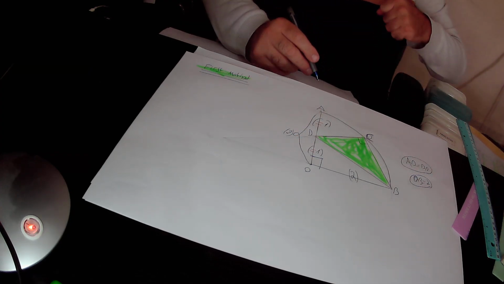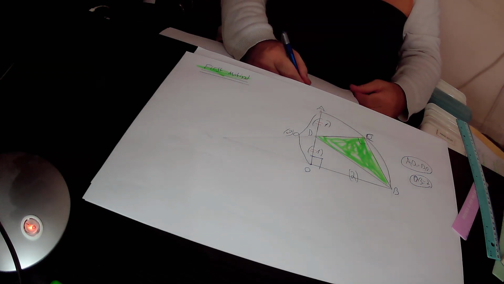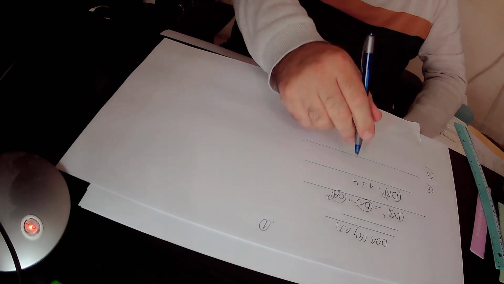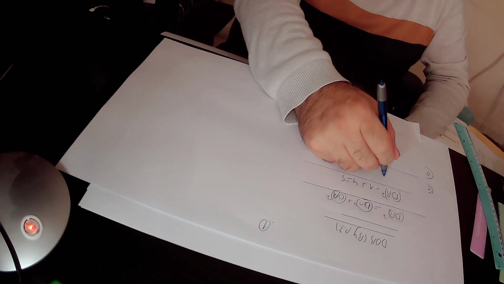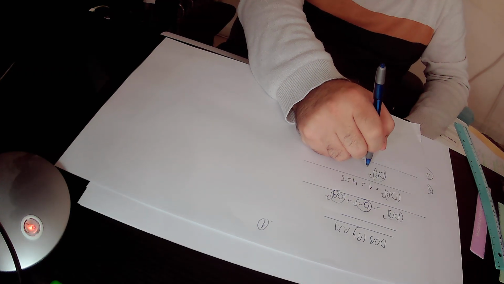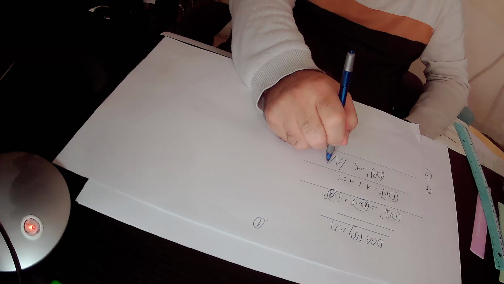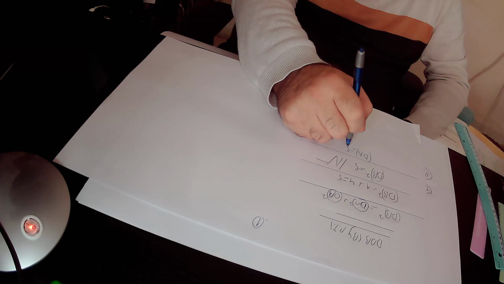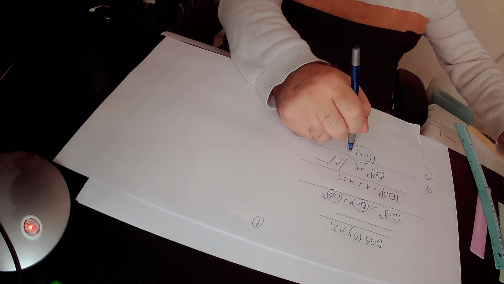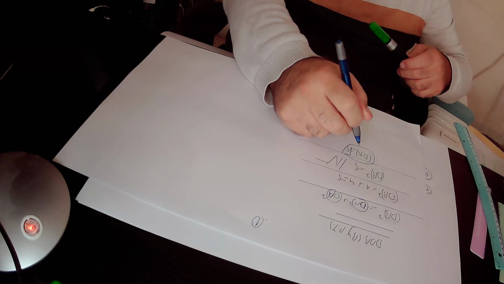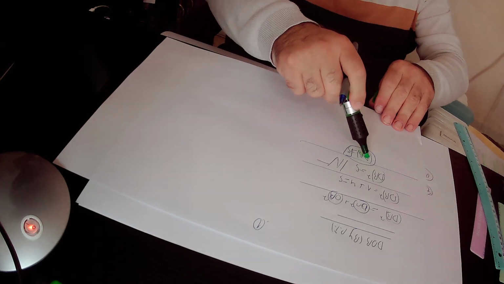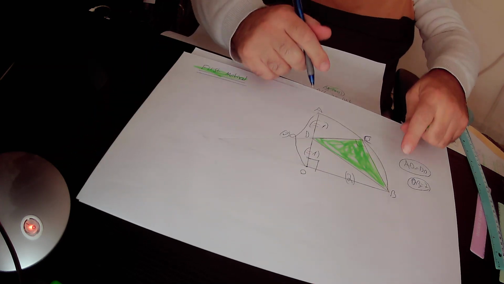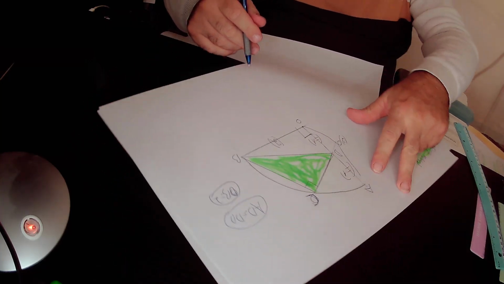OB is 2, therefore OB squared is 2 squared, that is 4. So in total, we found that DB squared equals 1 plus 4, that is 5. DB squared equals 5. Here, we will take the square root of this equation, and find that DB equals the square root of 5 units in its length. The length of the hypotenuse DB is equal to the square root of 5 units.